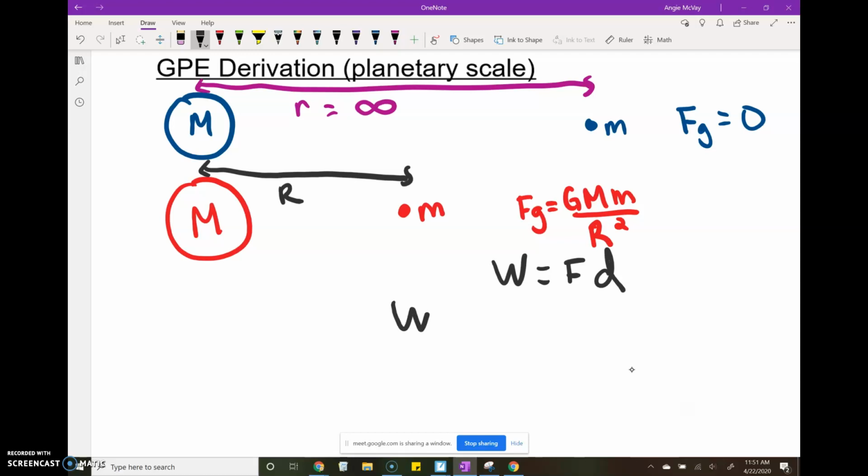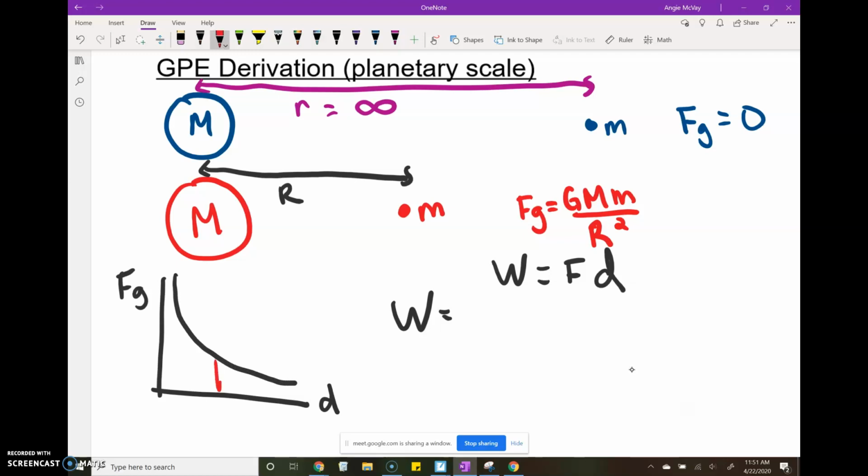So the amount of work done is going to be, if we make a graph of gravitational force over distance for these masses as they come closer and closer together, it'll be like an inverse relationship, where if you take the area under the curve from infinity to r, that will be the work that's done by gravity.